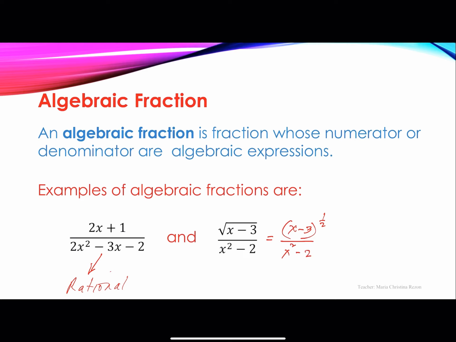Now, we have a fractional exponent, or in other words, under a root sign, that makes it an irrational algebraic expression or algebraic fraction. So this type of fraction is an irrational algebraic fraction.